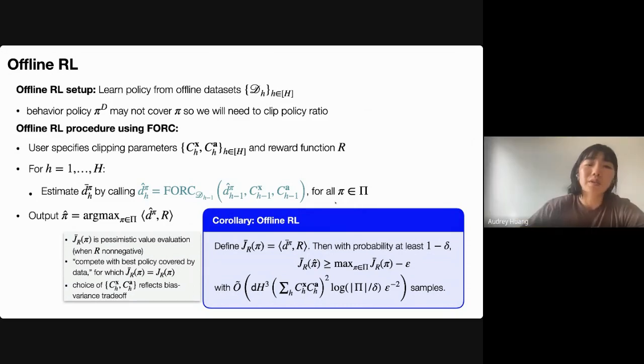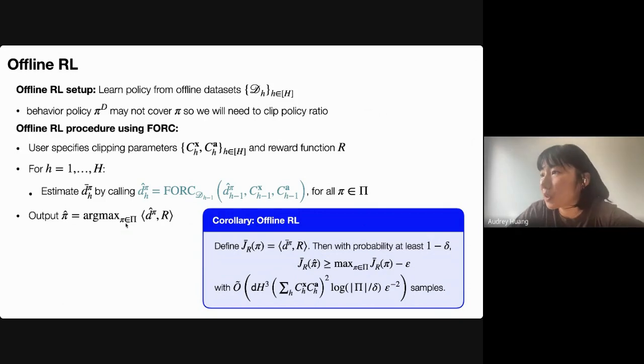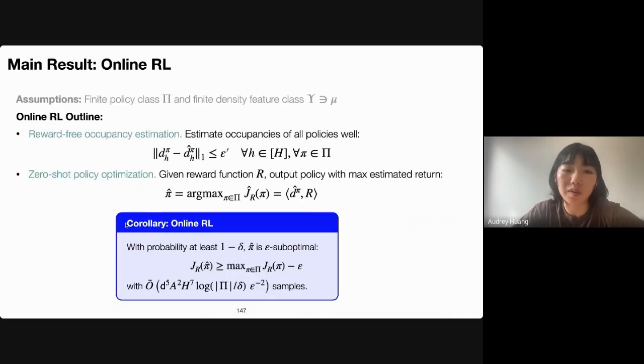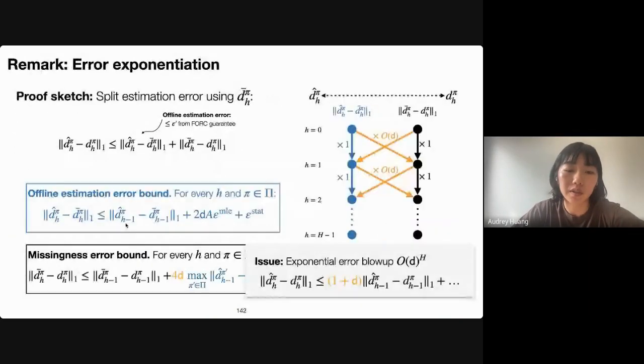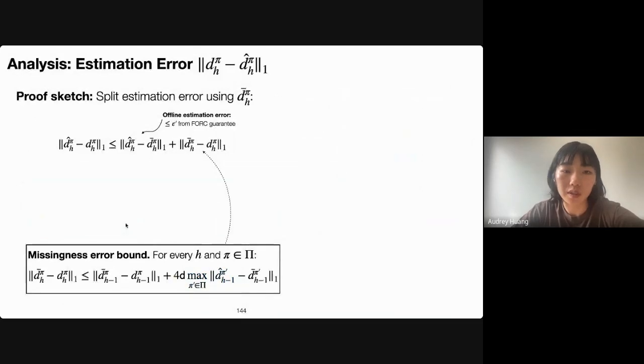I think it's in the paper. It basically involves this missingness error. In the case of just offline data, you can't really control this missingness error except by controlling whatever parameters you input. So this is the bias that ends up in your final guarantee.